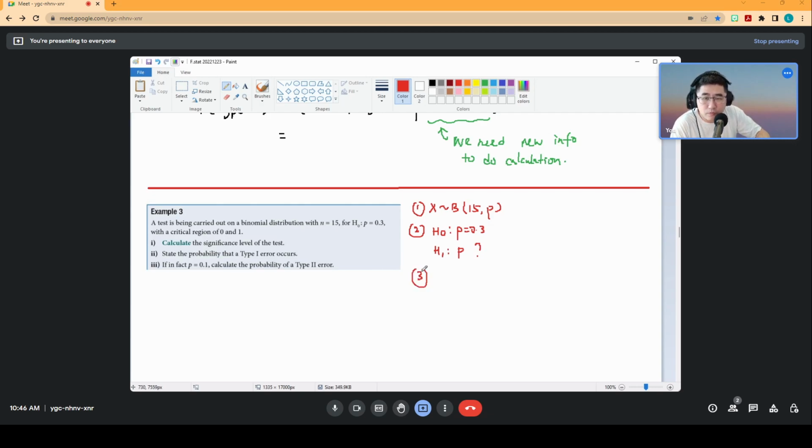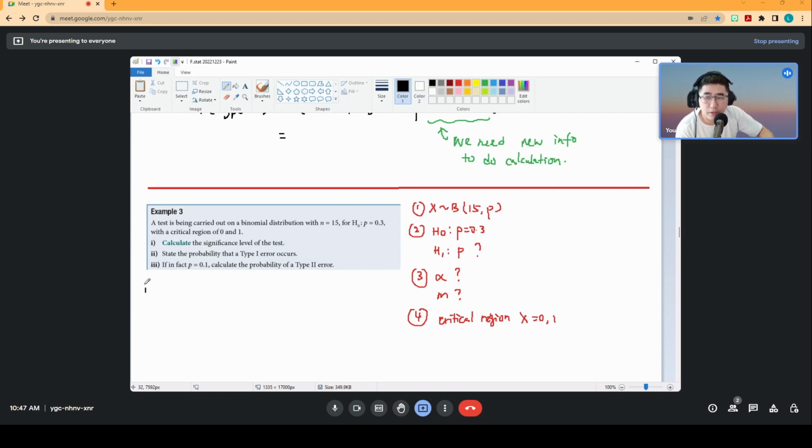Number 3, they didn't tell us the alpha. Number 4, the critical region is X equals 0 and 1. Calculate the significance level of the test.